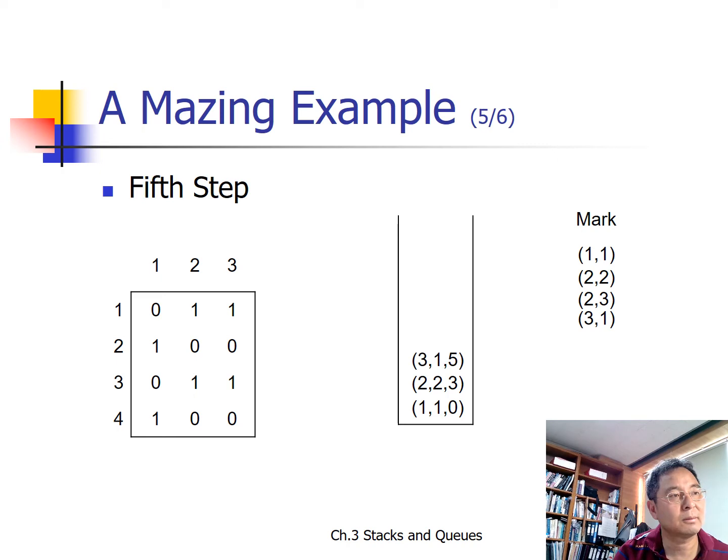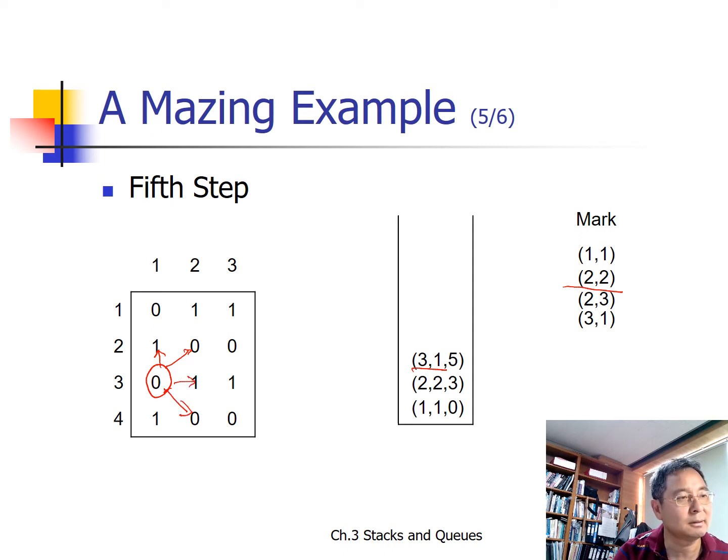3, 1 is the current position now. At this point, we will continue to search the possible path. North, no. This one, 2, 2 is visited already, so we cannot go in these directions. This one, no. How about this one?